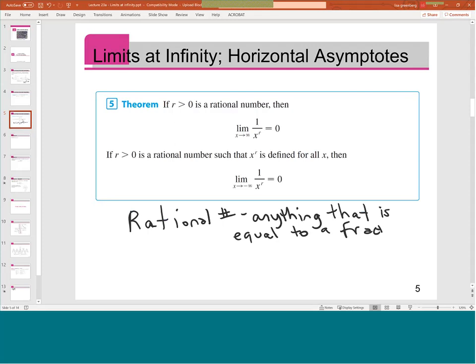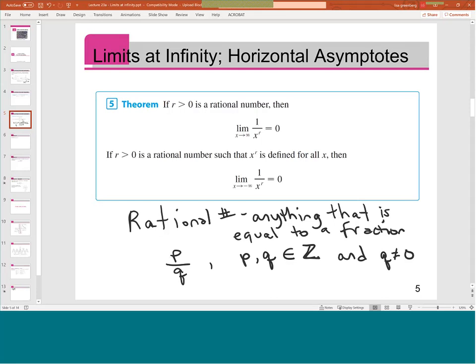For example, you have some p over q where p and q are elements of the integers. Remember I said Z always means integers. And of course, q is not equal to 0. We can never have the denominator 0.